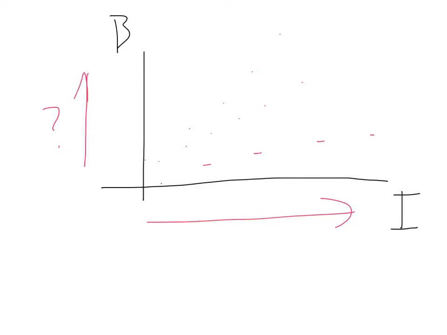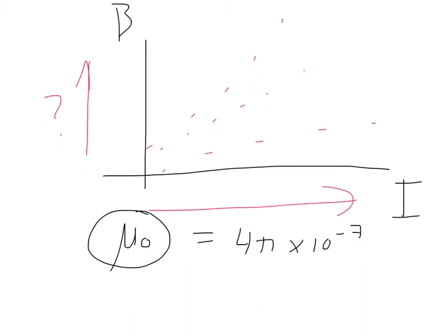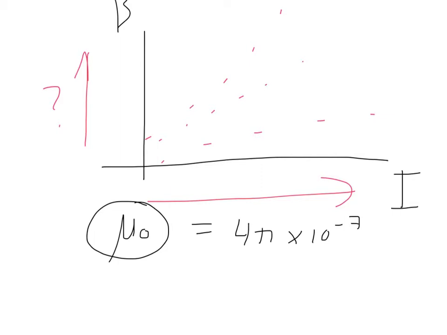And then from this graph, I want you to try to determine what is the value of this constant, mu 0. And I'm going to give you its value right now. It's equal to 4 pi times 10 to the minus 7th. And the units of this would be Teslas per amp times meters, which I neglected to tell you a minute ago.